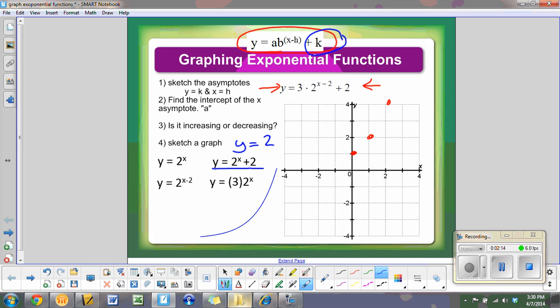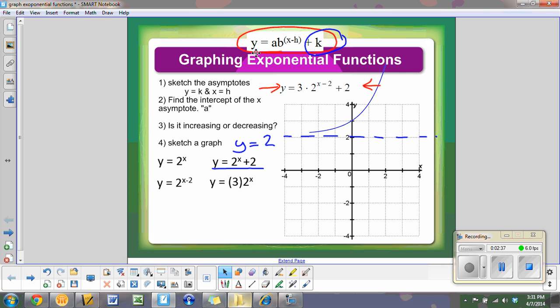So I'm going to have an asymptote of y equals 2. I'm going to draw one on here, y equals 2, right here. Okay, and I still have that same shape. I'm now just shifting it up to there.